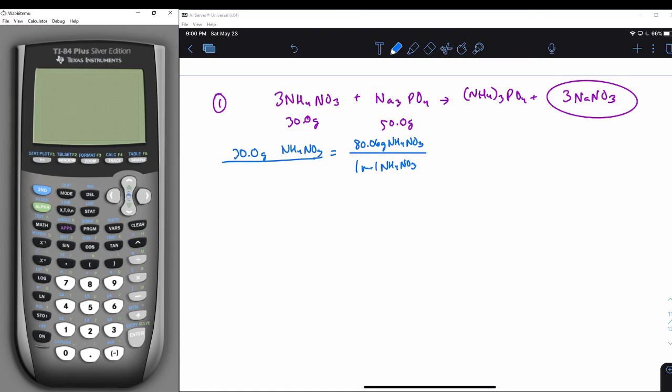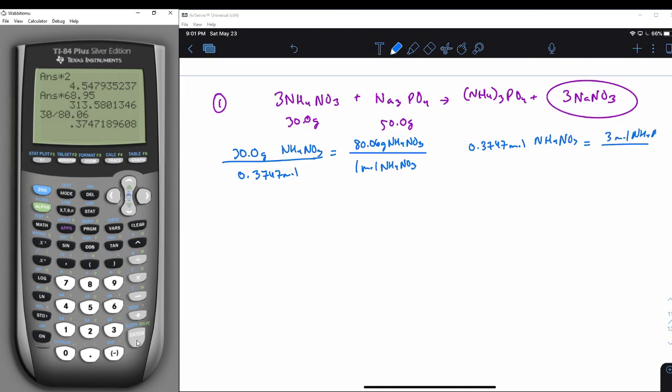And so that gets us 0.3747 moles of NH4NO3, which is equal to 3 moles of NH4NO3 over 3 moles of NaNO3.